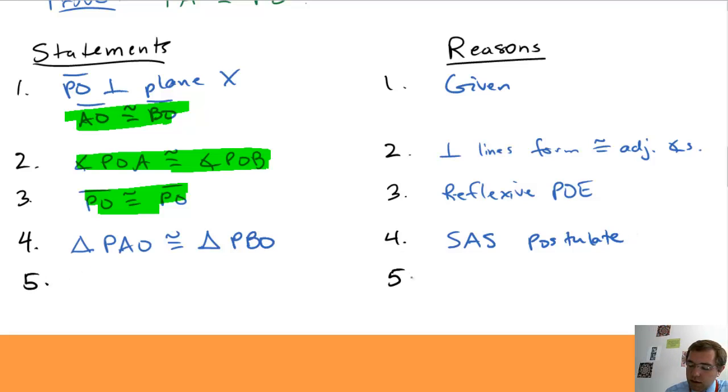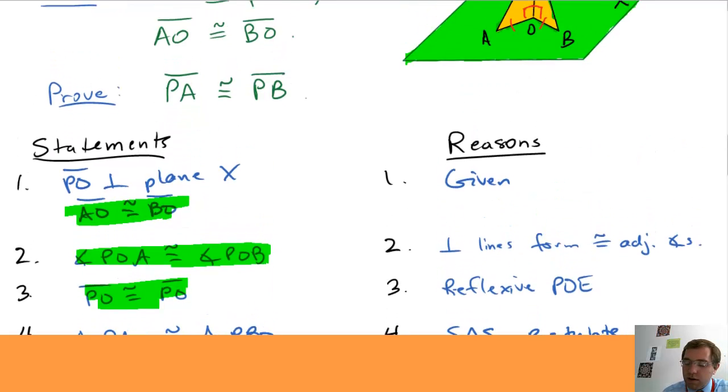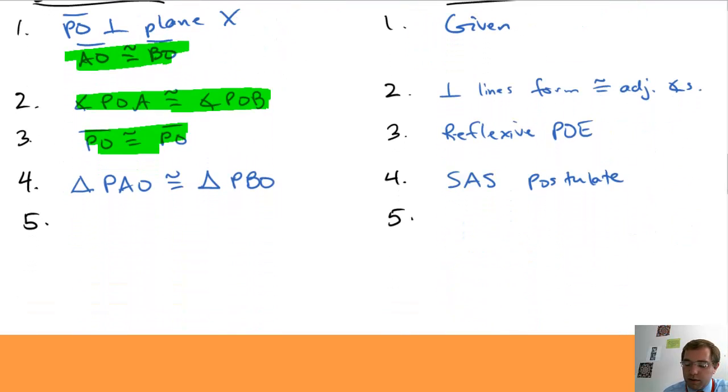Now I wanted to show that PA was congruent to PB, and I can get that straight from these congruent triangles. PA is congruent to PB. The way that I've written them out, which is the correct way to write them out, shows me that they correspond with each other. So, segment PA is congruent to segment PB.